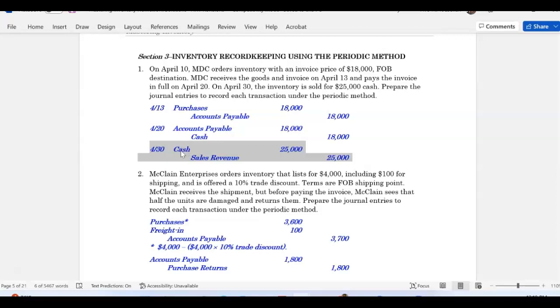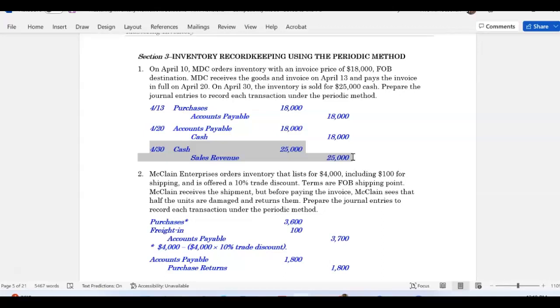So cash is debited and sales revenue is credited for $25,000. Do we recognize any cost of goods sold? No. We just recognize sales because this is not the perpetual method. We only recognize the sales. So cost of goods sold is not updated.